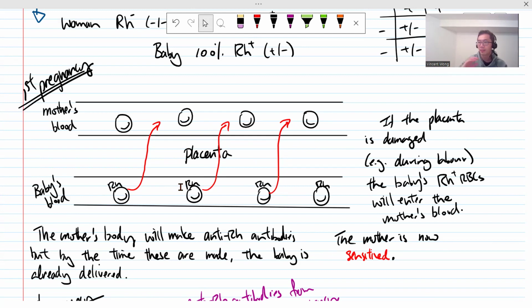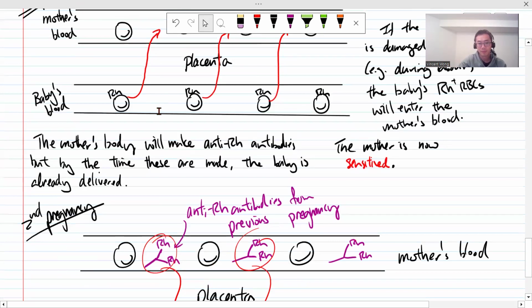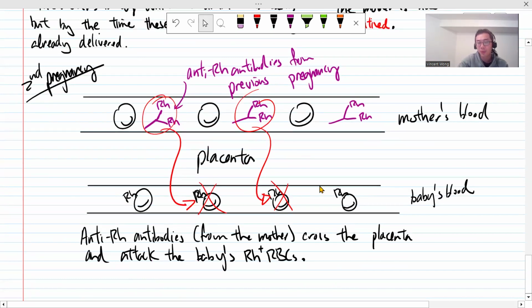Like if you give them O positive blood and it turns out the person is negative, then we sensitize them before her first pregnancy. Then by the time they got pregnant, what would have happened in the second pregnancy is now happening in the first pregnancy. Do you guys understand that?